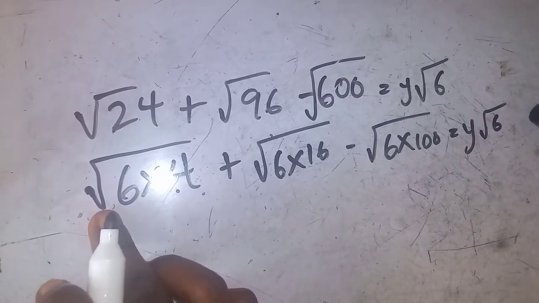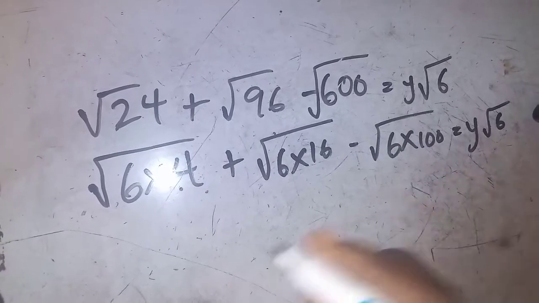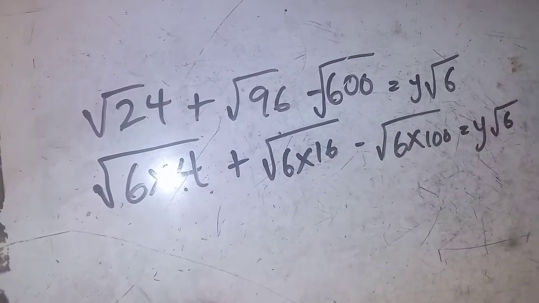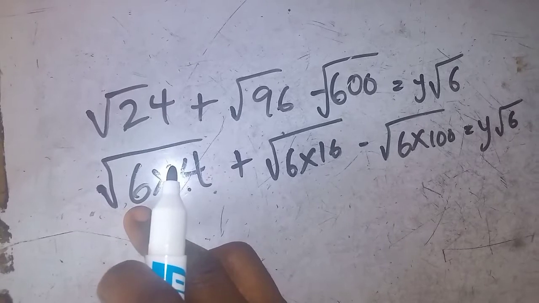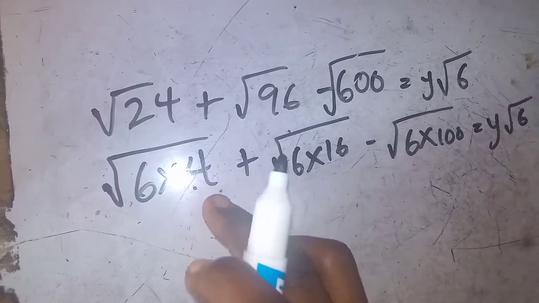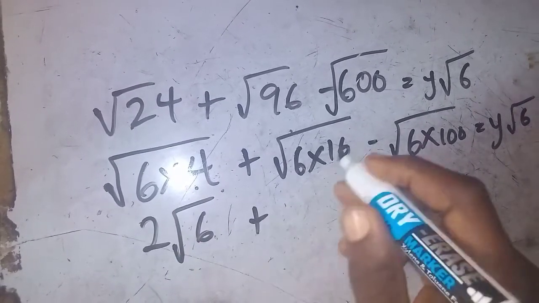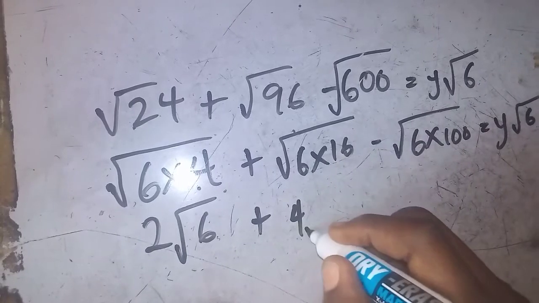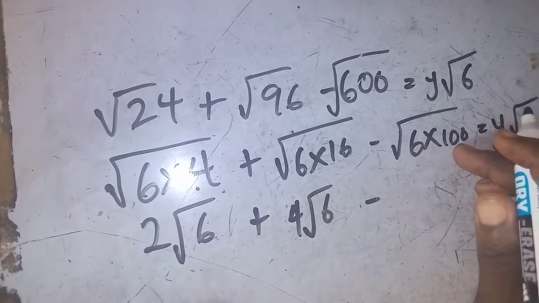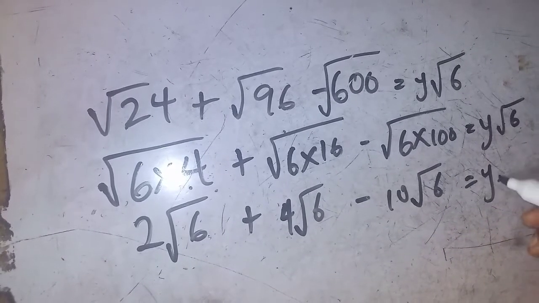So from here, I want to isolate the root 6 so that it can look like the one beyond the equals sign. So now root 6 doesn't have a definite square root, but 4 has a square root. The square root of 4 is 2, so I can bring out the 2 times root 6 plus the square root of 16 is 4 root 6 minus the square root of 100 is 10 root 6 equals y root 6.